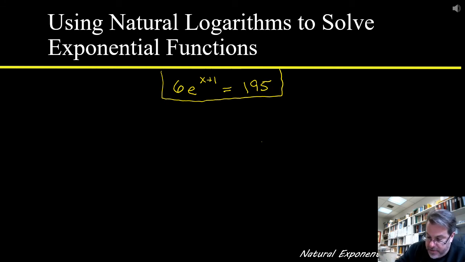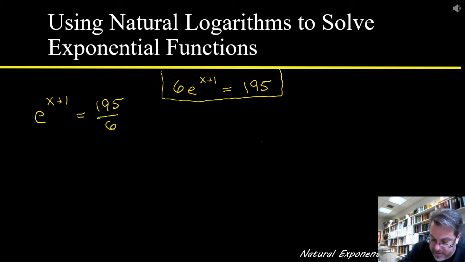Okay, the first way to do this is just to start by getting the e all by itself. So we can get the e by itself if we divide both sides by 6. So this gives us e to the x plus 1 equals 195 over 6. And that's e to the x plus 1 equals 32.5. And then we'll just take the natural log of both sides.